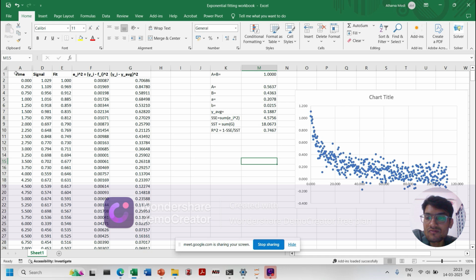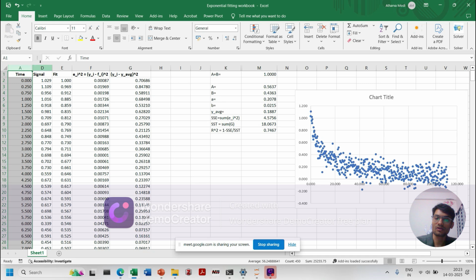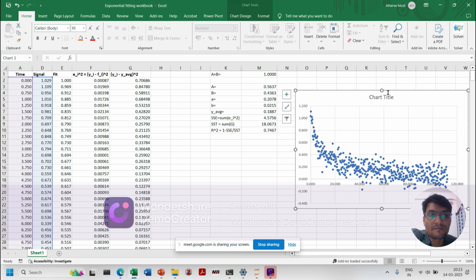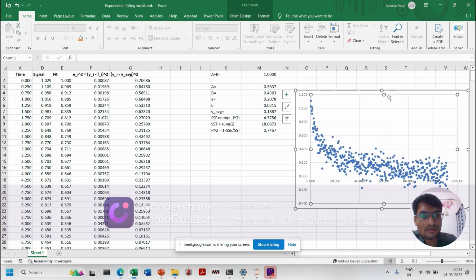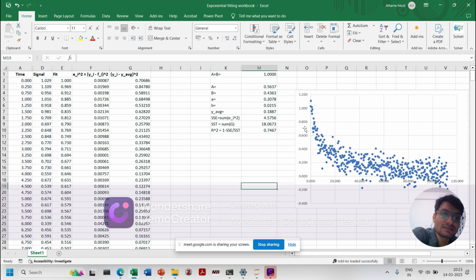So let me show you some example data here. Focus on column A and column D for now. This is my signal with time. This is how it looks: on the y-axis is the signal and on the x-axis is the time.